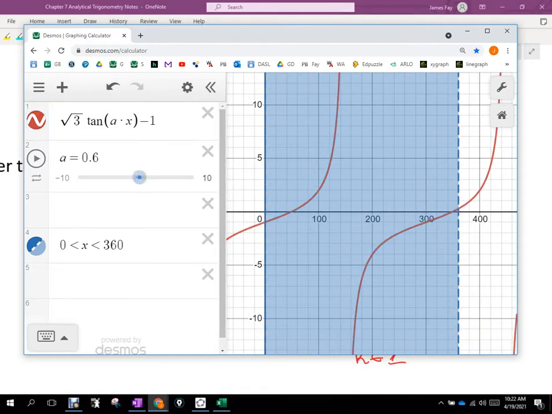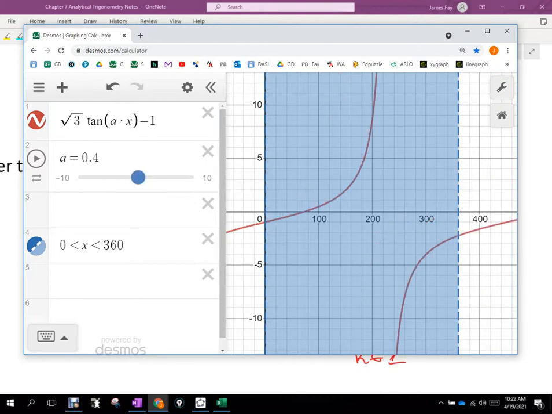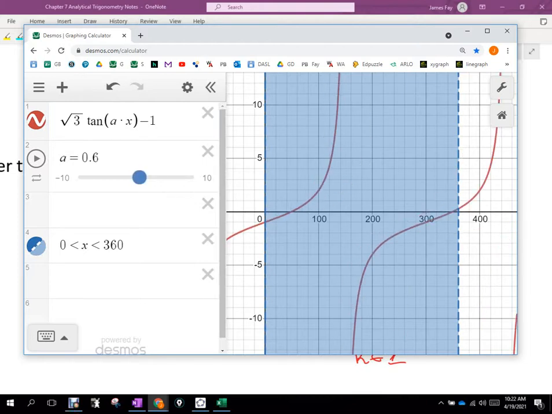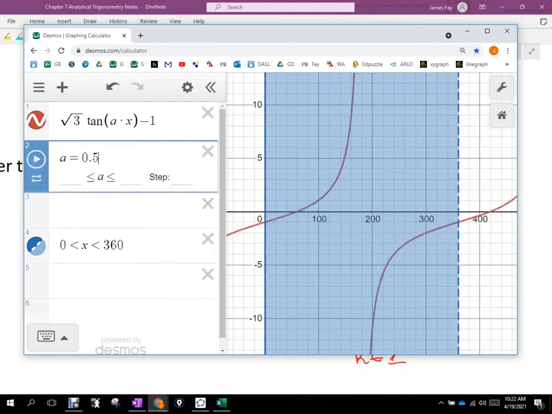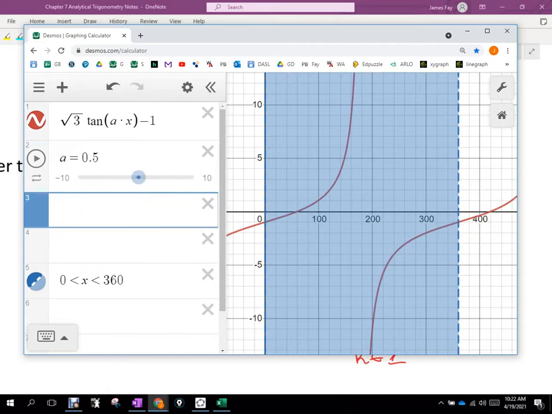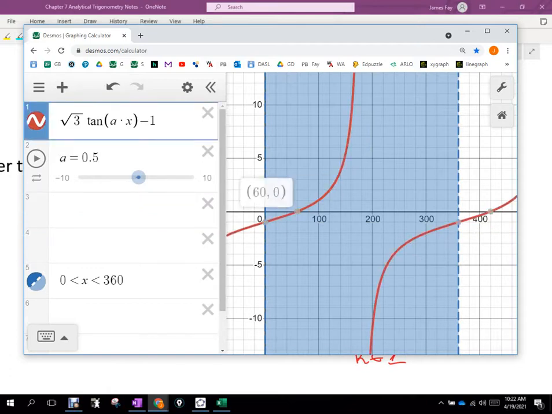So you're getting pulled away from the origin right here on the right-hand side going that direction. And when I get down to 0.5, or 1/2 x, which it won't let me get to, we get one solution right there of 60 degrees inside this region, between 0 and 360.